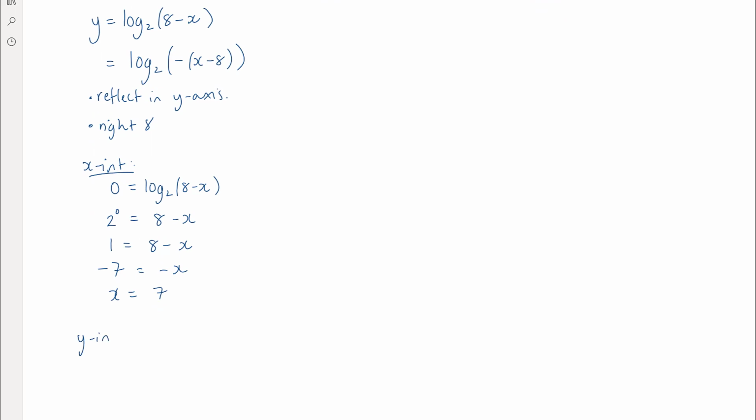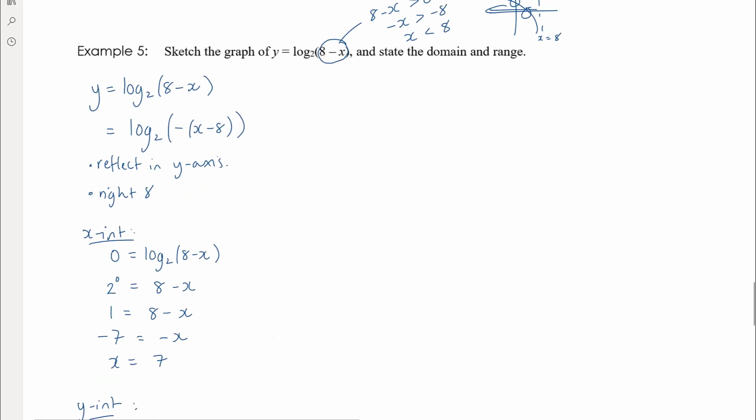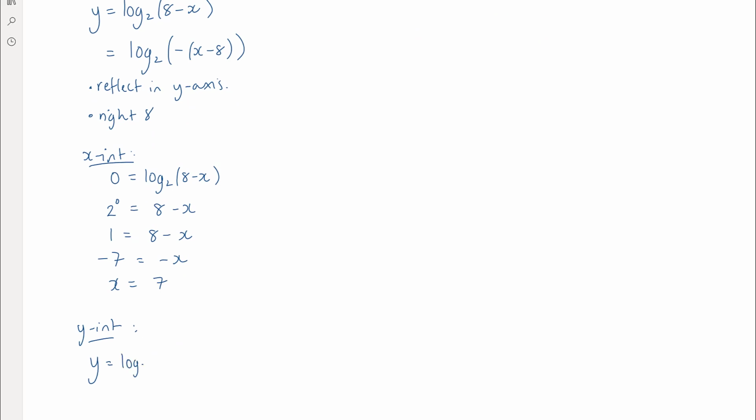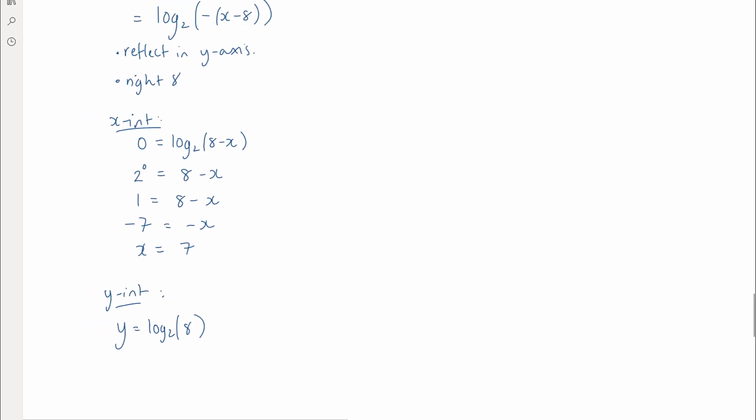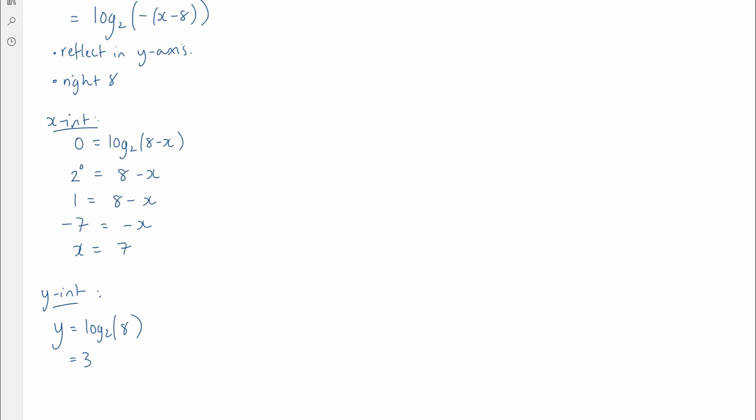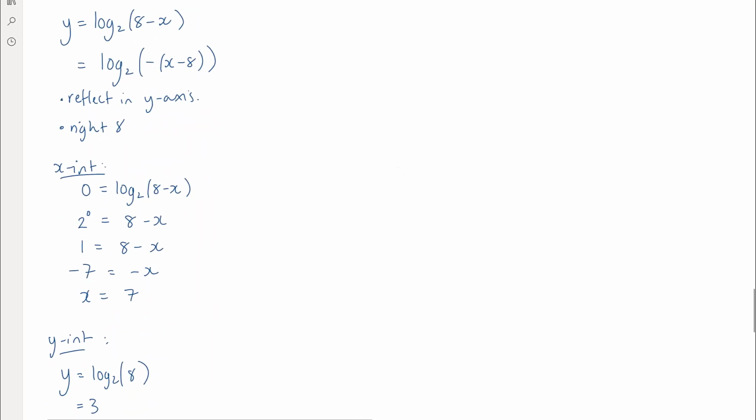And my y-intercept, we'll let x equal 0, will be log base 2 of 8. And that is 2 to the power of what equals 8, so that's actually going to be 3. So you wouldn't leave that as log base 2 of 8, that's not simplified. 8 is 2 cubed, and so therefore that equals 3. Okay, so we've got everything we need.